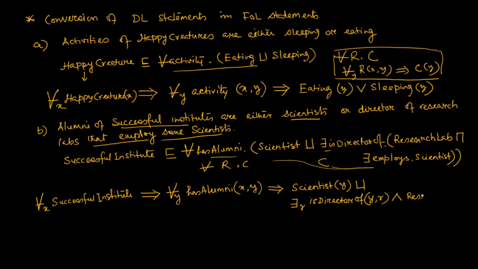So a research lab R, and there exists an employee E where R employs E. So now we are converting this, right?